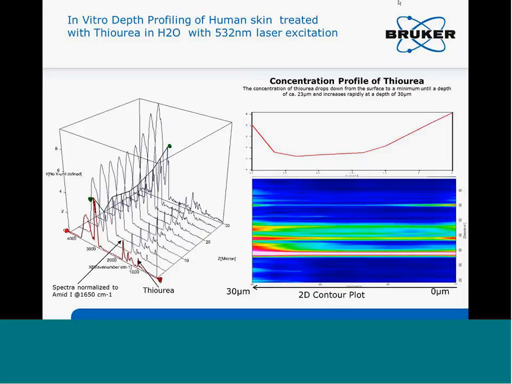It is summarized here, and we use a 532 excitation laser. The key, as you can see here, is that initially the concentration goes down in the skin, and then at some point, at 23 micron, it starts to rapidly increase. That's how depth profiling looks on the skin.